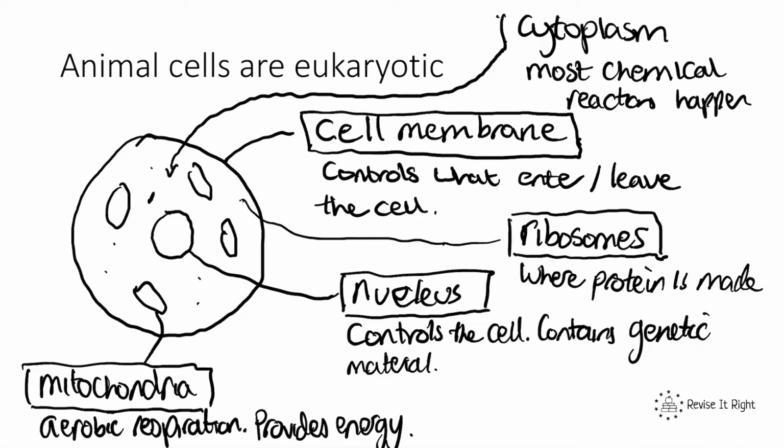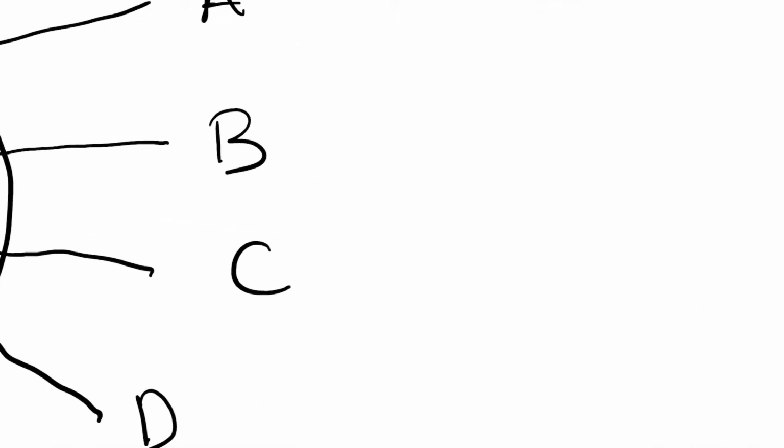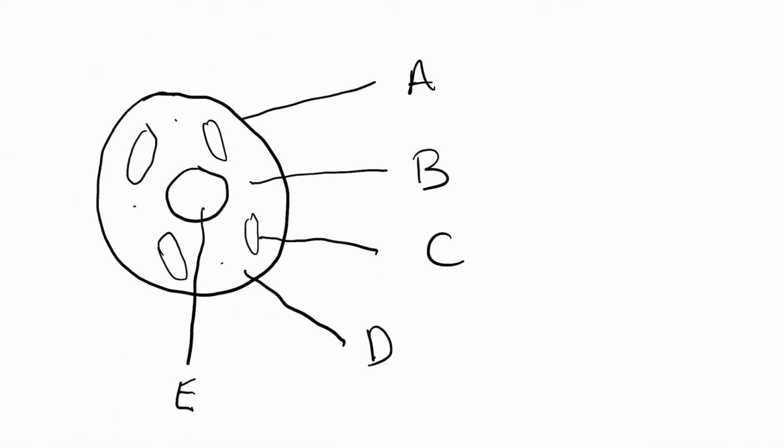So the cytoplasm is where most chemical reactions happen. So what I'd like you to have a go at now is to try and pause the video and see if you can label all of these structures and tell me their function.